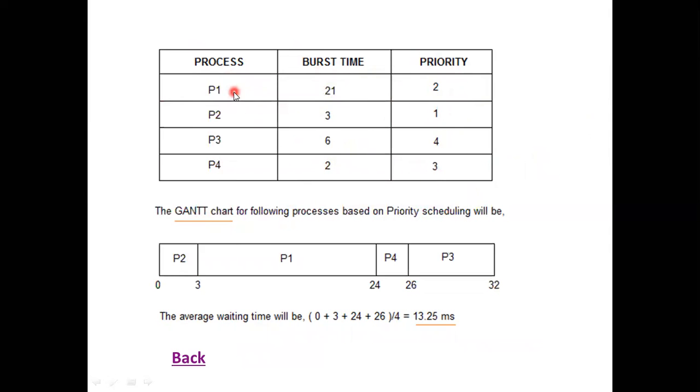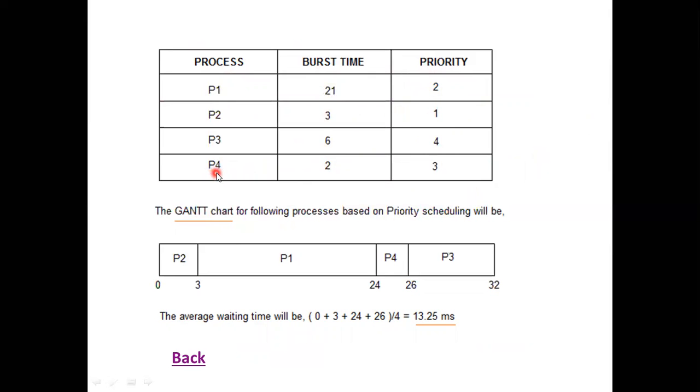But here, this is the priority. Priority means this is the most important job. In this example, P2 has the highest priority, the most important job that must be executed first. So we give it priority 1. Next priority we give to P1, the second priority.